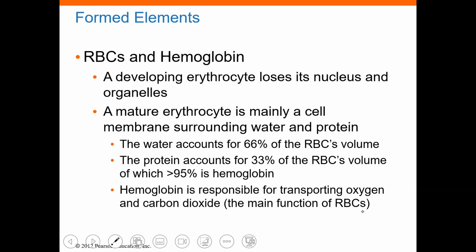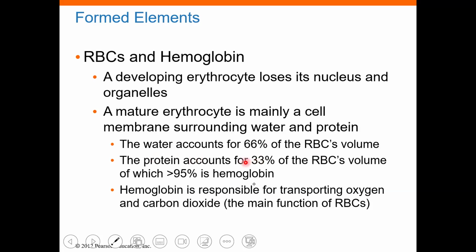Red blood cells and hemoglobin. A developing erythrocyte, or red blood cell, loses its nucleus and organelles. A mature red blood cell is mainly just a cell membrane surrounding water and protein. Water accounts for about 66% of the red blood cell's volume.